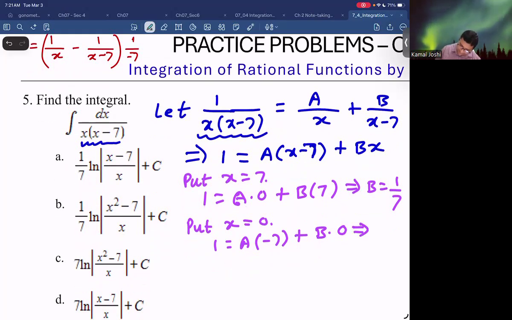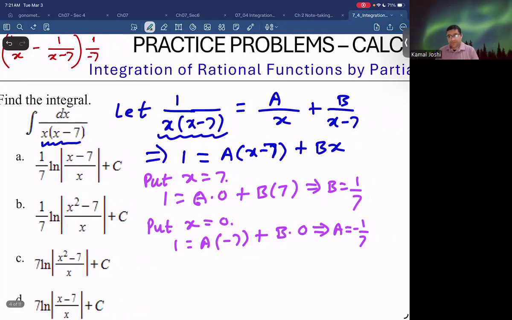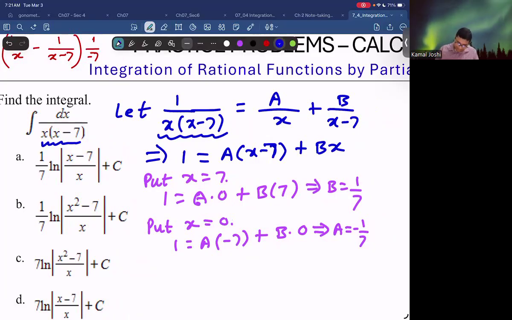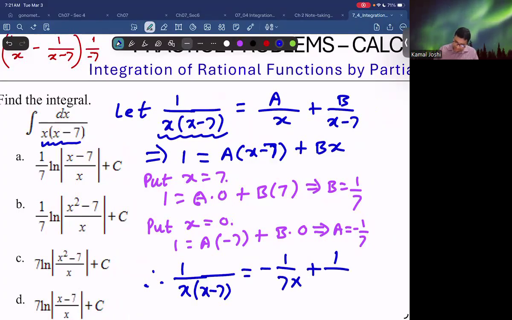And you can see that that gives you a equals minus 1 over 7. So in conclusion, 1 over x times (x minus 7) equals a is minus 1 over 7 and b is 1 over 7.